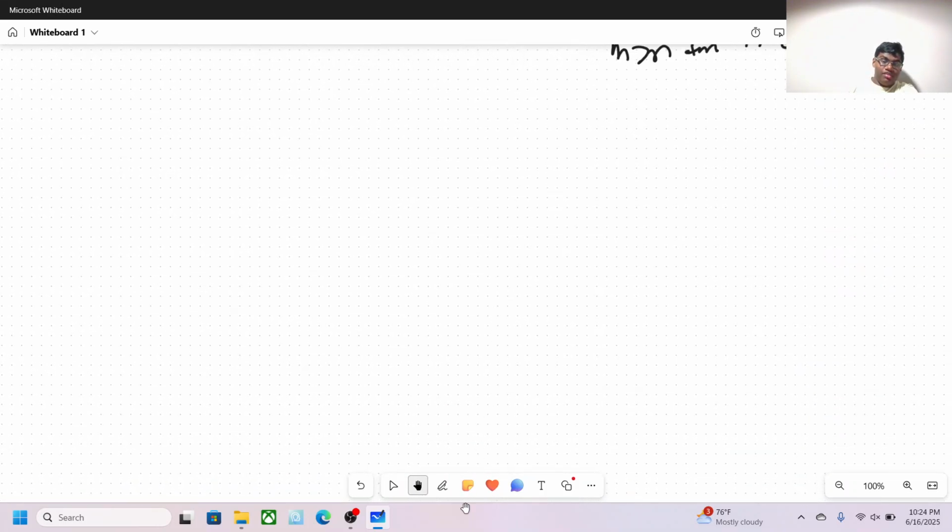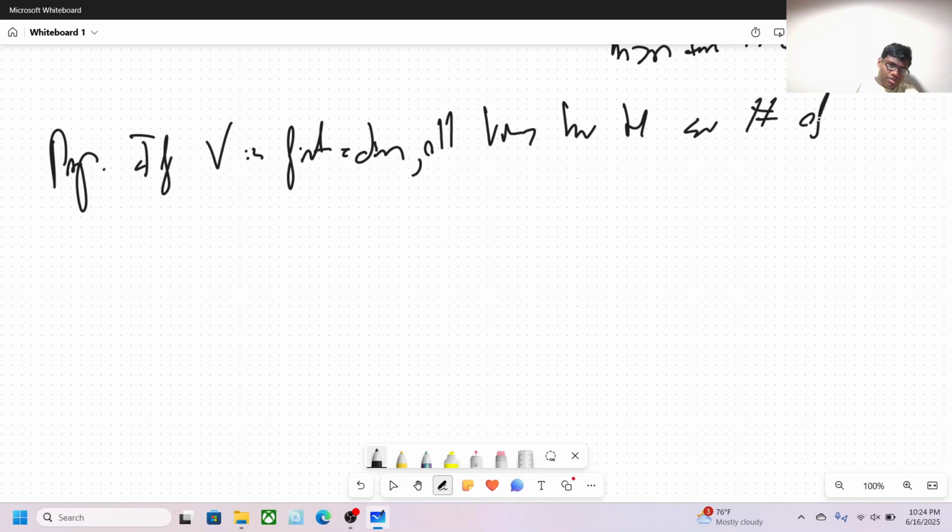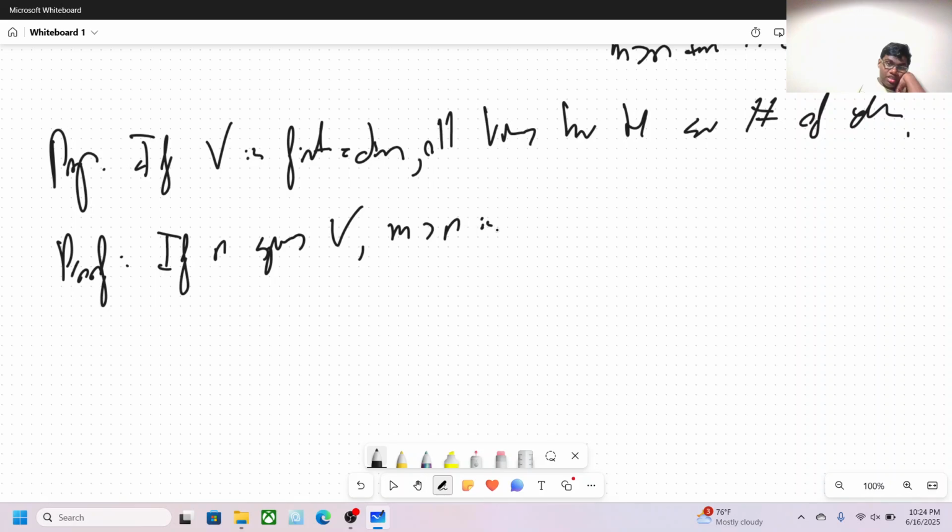And now that we have this, we can finally get to the main result. Proposition: if V is finite dimensional, all bases have the same number of elements. Proof. The above proposition tells us if n spans V, a set with m greater than n elements is dependent.